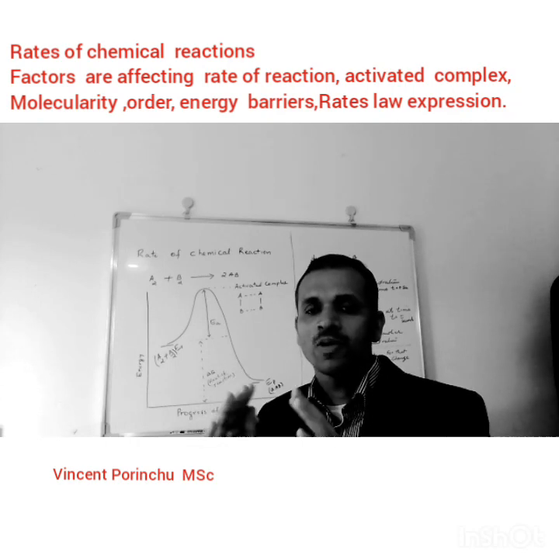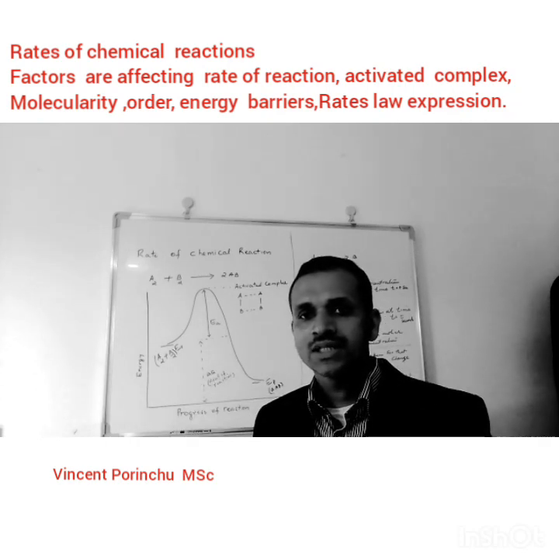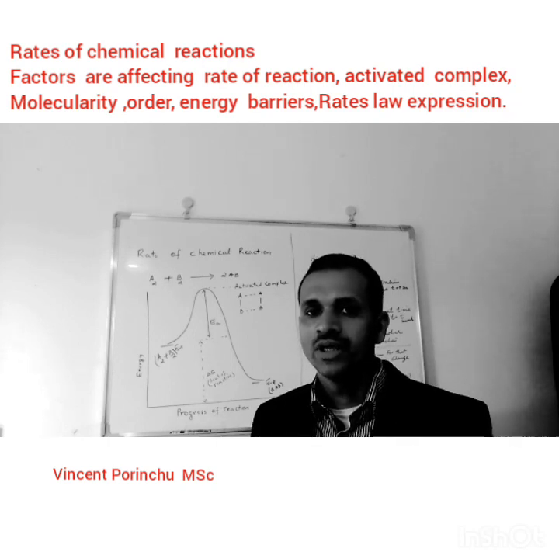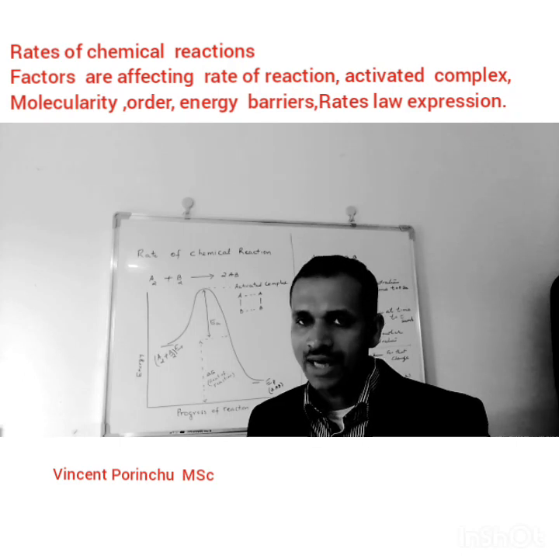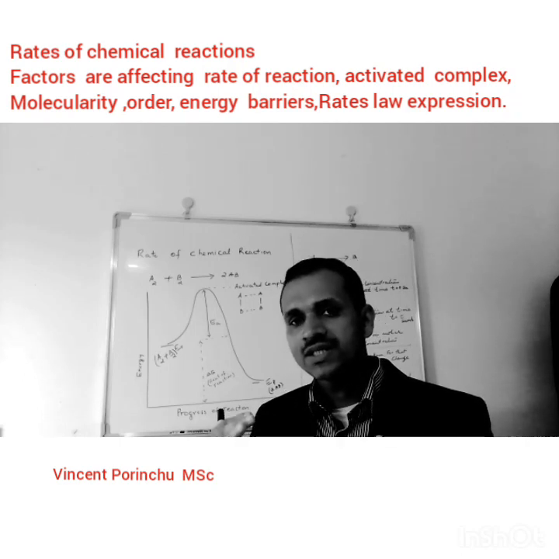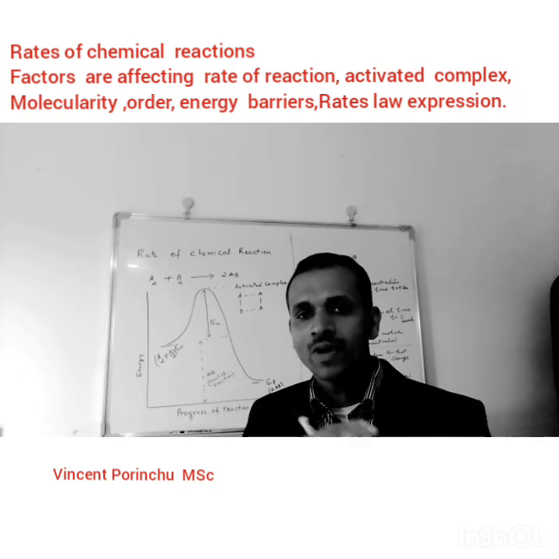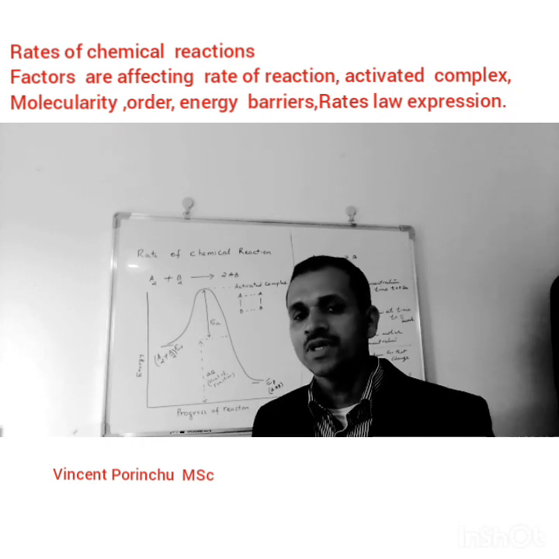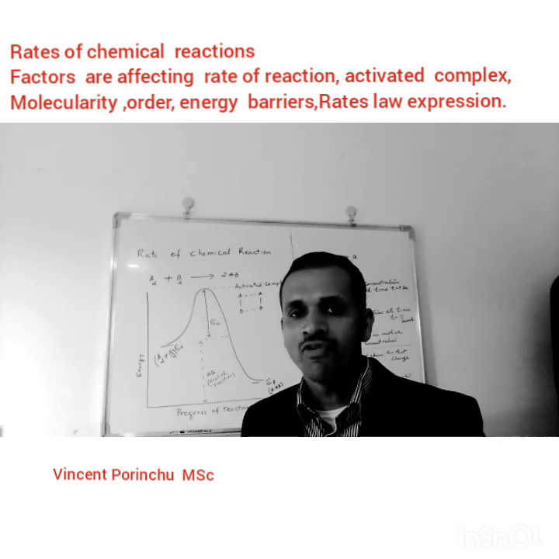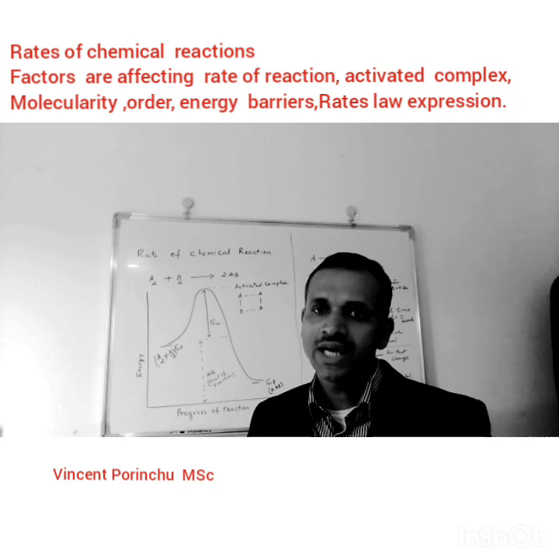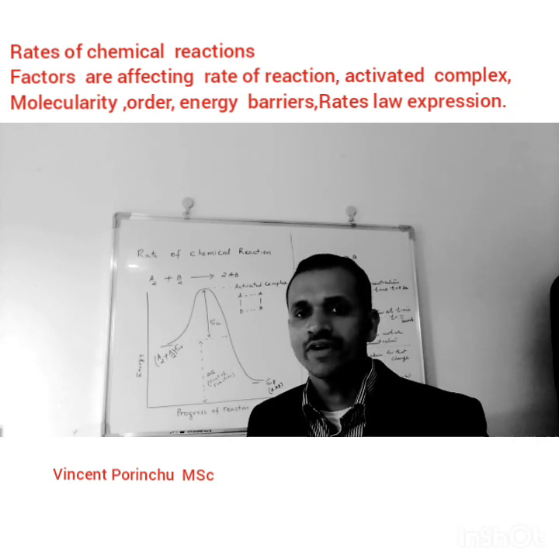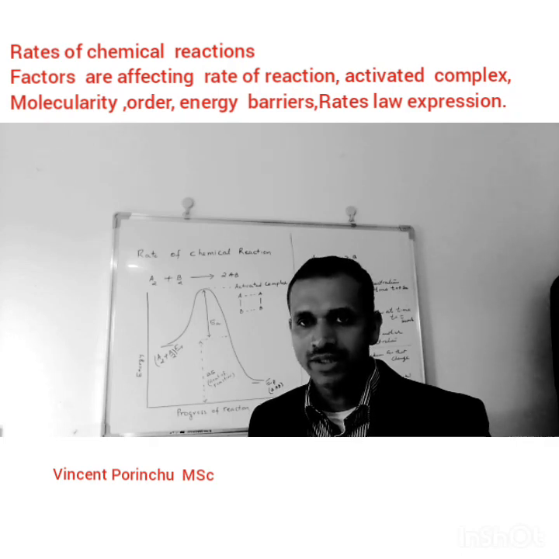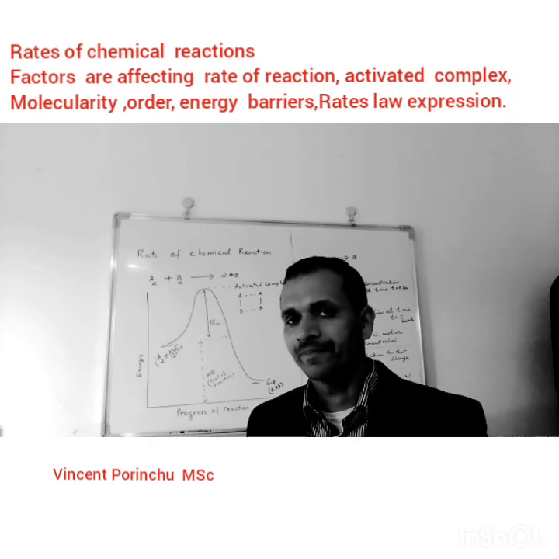In the middle of that process, some of the reactants try to break their bonds, and some new bonds form between two individual reactants. So there is a transition stage. Some bond breaking takes place, and at the same time some new bond formation also takes place. That transition state between reactants and products is known as the activated complex.